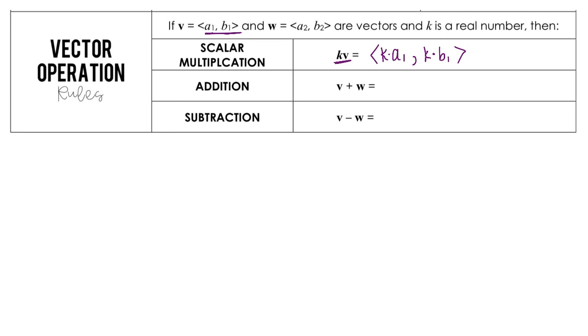That's your scalar multiplication. With vector addition, you would add your corresponding values, so a sub 1 plus a sub 2, comma, b sub 1 plus b sub 2. And then subtracting, you would say a sub 1 minus a sub 2, and then b sub 1 minus b sub 2.